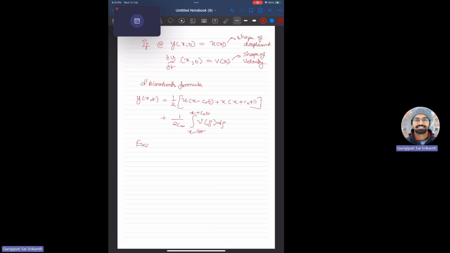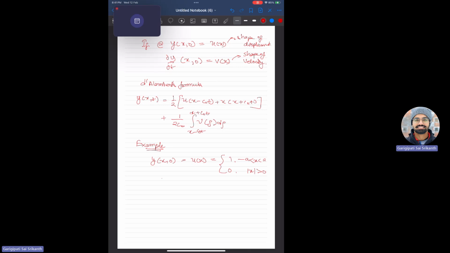So this is D'Alembert's equation. Let's take an example. So you have u of x comma 0. That means the initial shape u of x is, let's say, 1 from minus a to a, and is 0 whenever you have modulus of x greater than a.